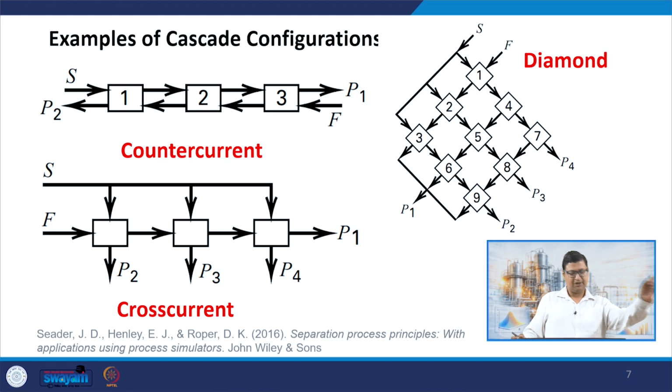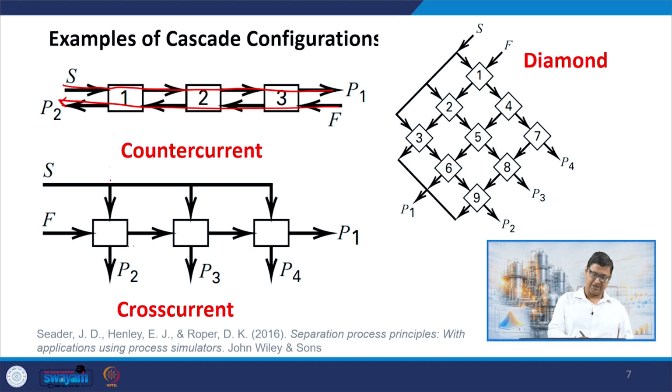In general, you can have many other possibilities. You may imagine, why not a co-current cascade? In fact, we will do one example in the following class to see why we are not doing a co-current cascade. In the counter current, as we said, one stream flows like this, the other flows in the reverse direction. We can also have a cross current cascade, where the streams flow across each other.